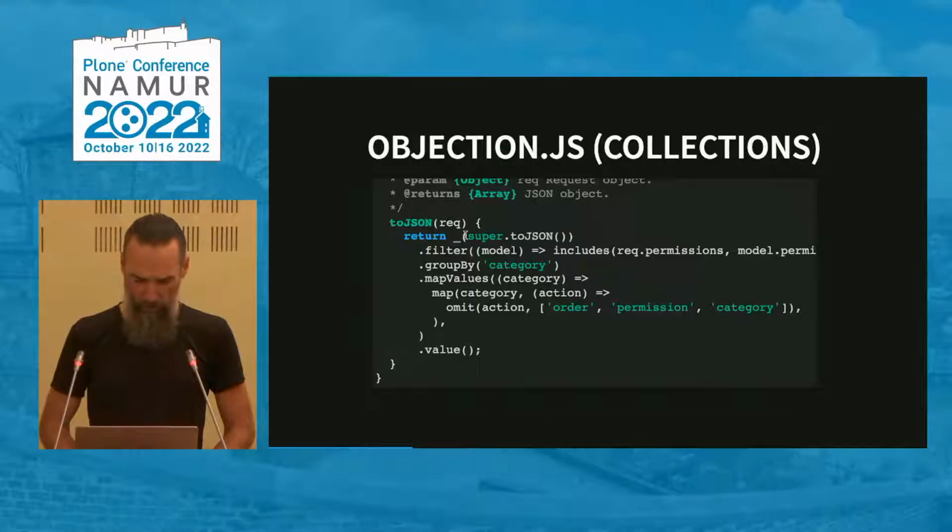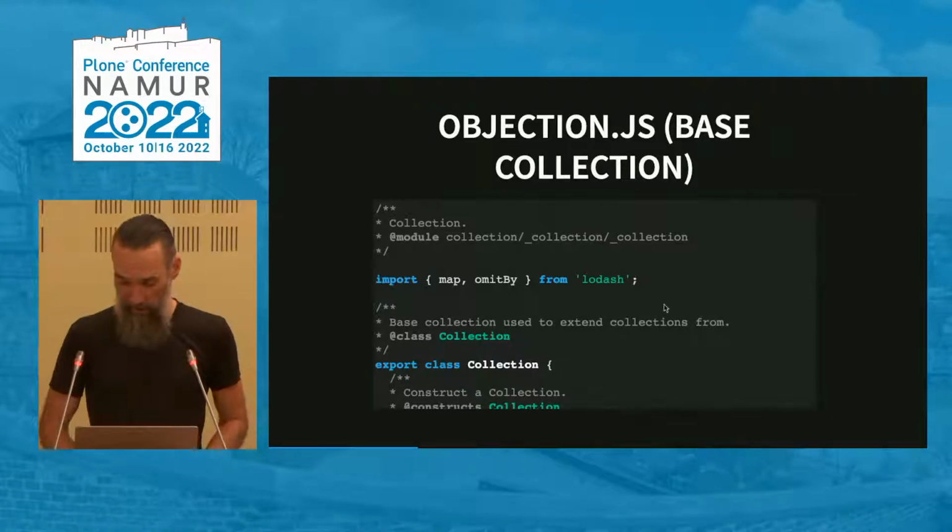There's a default one, and you can also extend the collection if you want something specific. For instance, this is the actions collection, and it uses the JSON method from the base model to return the JSON to the client, and it does some extra stuff in there to add or remove some fields, basically synchronization.